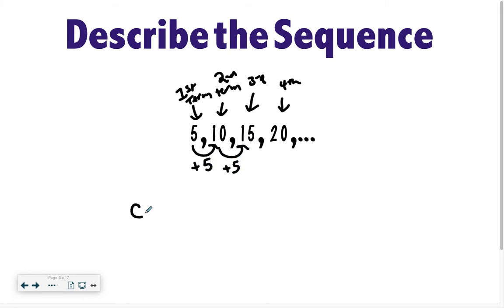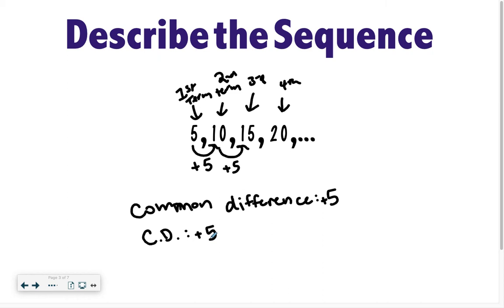So I would say common difference is 5. And I'm even going to put a plus in front of it. If you want to abbreviate it to CD for this section, you can certainly do that. And you could just say CD and then plus 5.